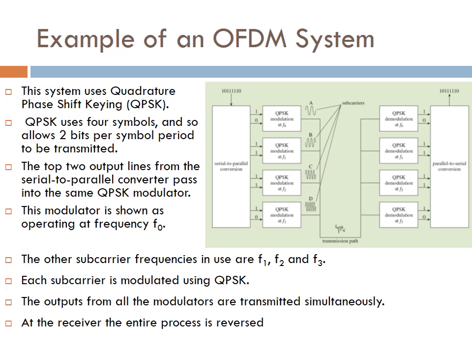This modulator is shown as operating at frequency F0. The figure shows that the other subcarrier frequencies in use are F1, F2, and F3, each modulated using QPSK. The outputs from all the modulators are transmitted simultaneously. At the receiver, the entire process is reversed, as seen on the right side of this figure.